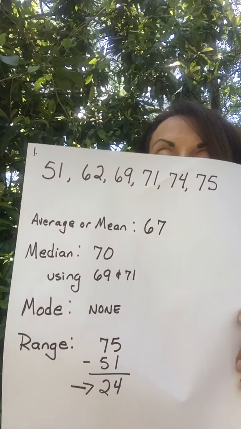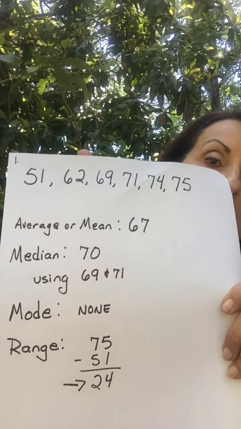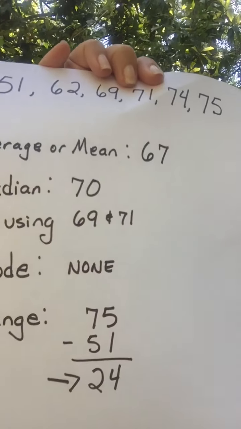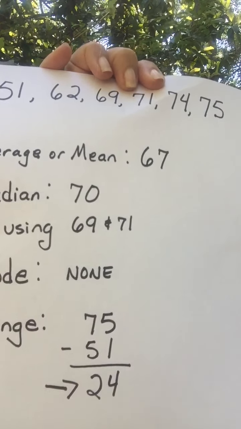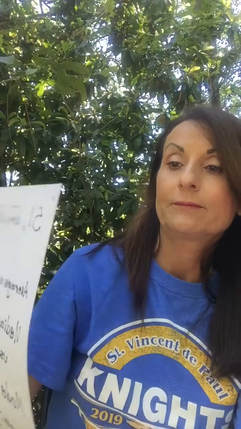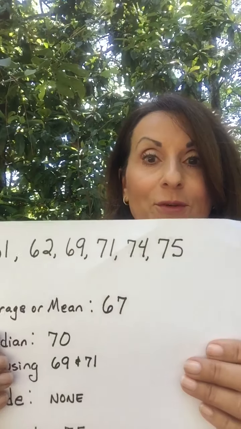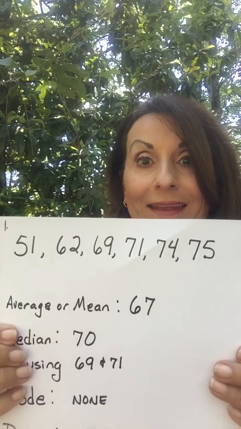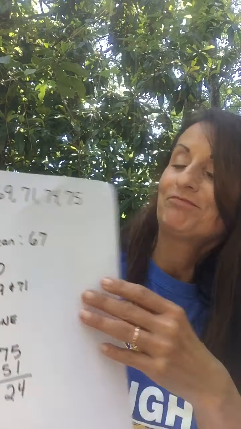So you must add those together and then divide. Okay? Divide by 2. The mode, there is none. All the numbers are different, so there's not one that repeats the most.